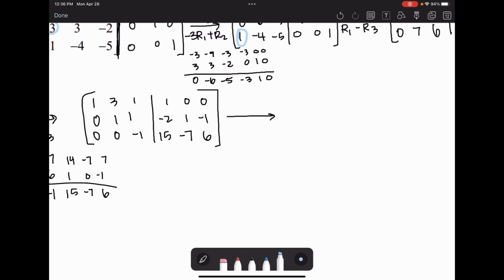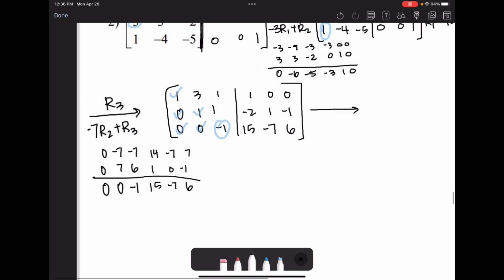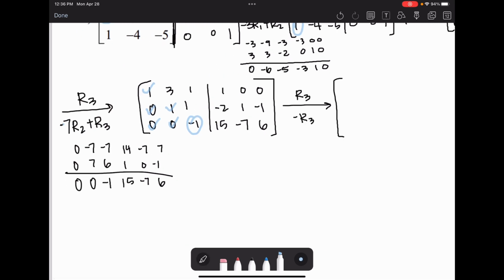Okay, like I said, 1, 0, 0, then 1, 0. Next, we want that to be 1, just +1. So we're going to do row 3 times -1, which is just switching the sign. I guess what we could have done is said +7 minus row 3.